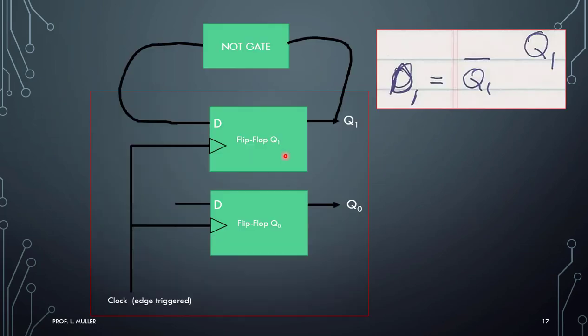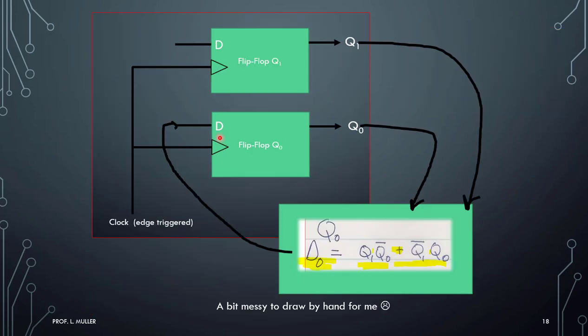So here we have it. For flip-flop Q1, our equation was D1 is simply equal to Q1 NOT. So I take the current value, put it into a NOT gate, and bring it in here. And it will follow this logic for the future.